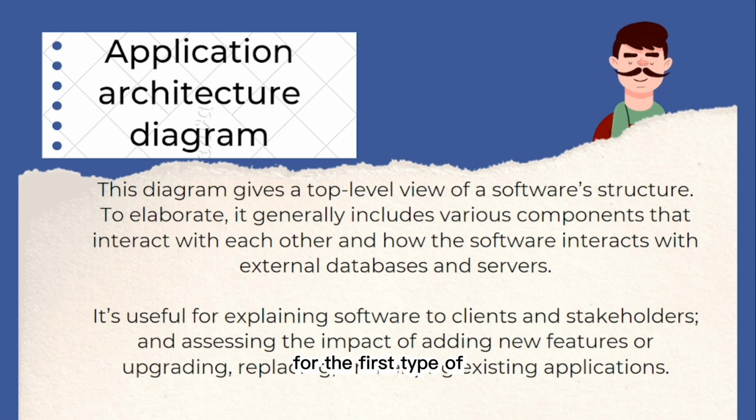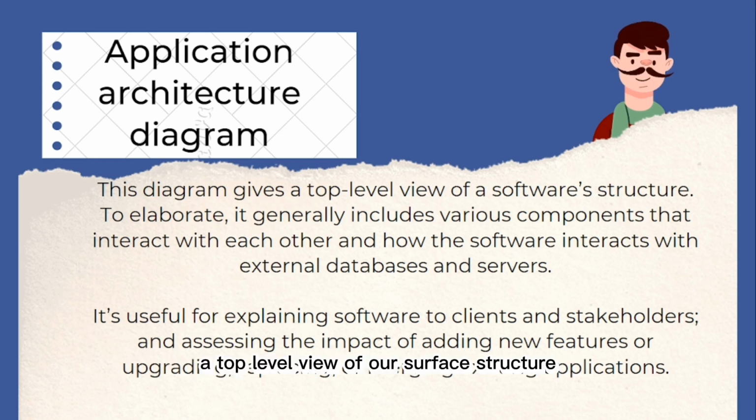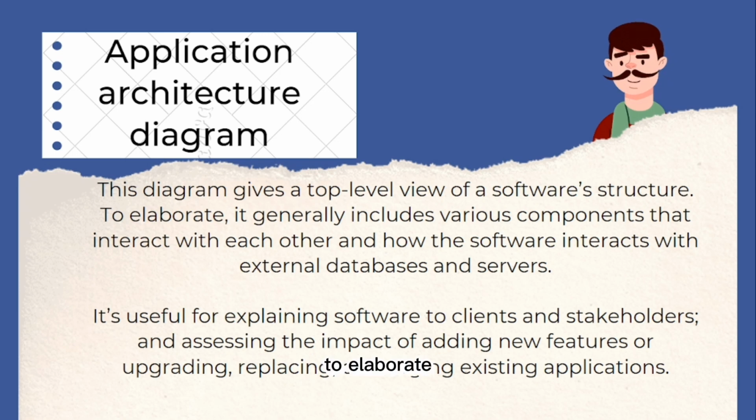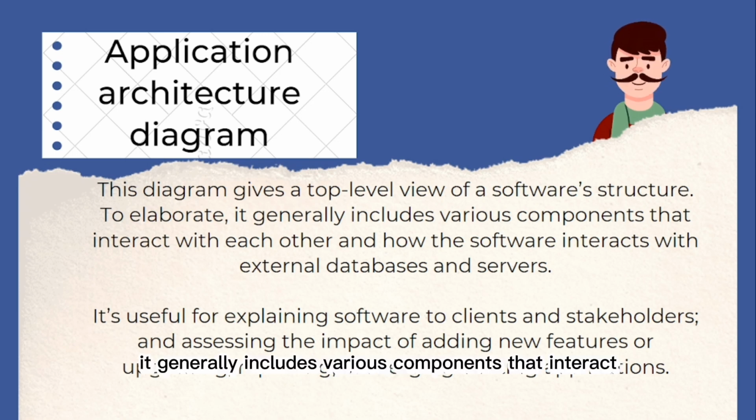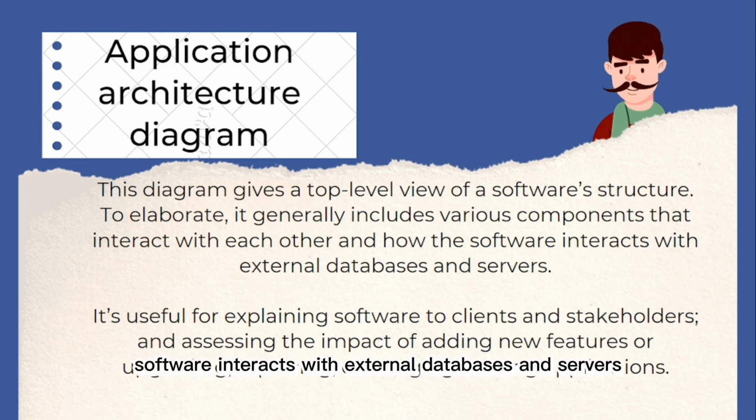The first type of diagram is the application architecture diagram. This diagram gives a top-level view of our software structure. To elaborate, it generally includes various components that interact with each other and how the software interacts with external databases and servers.